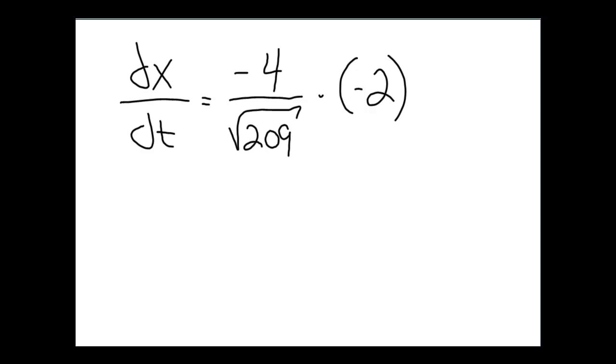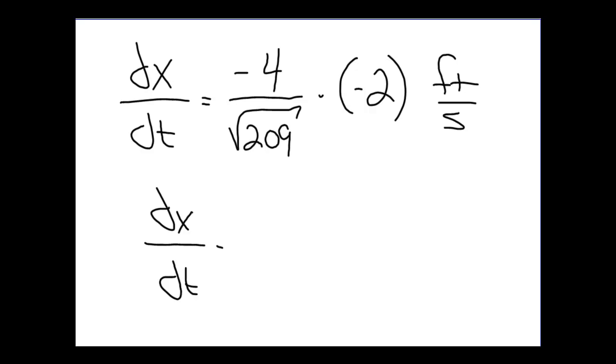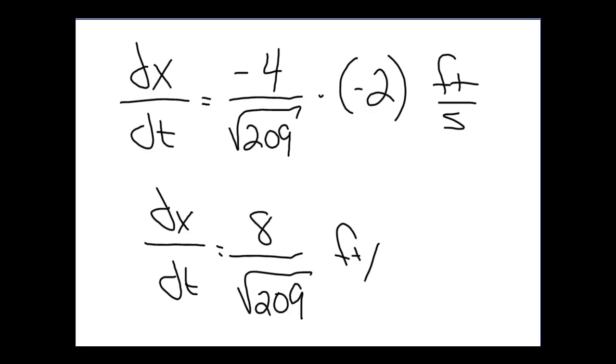And this will be in feet per second. So our dx/dt will be positive 8 over the square root of 209 feet per second. And that's an exact answer, so we can go ahead and leave it that way.